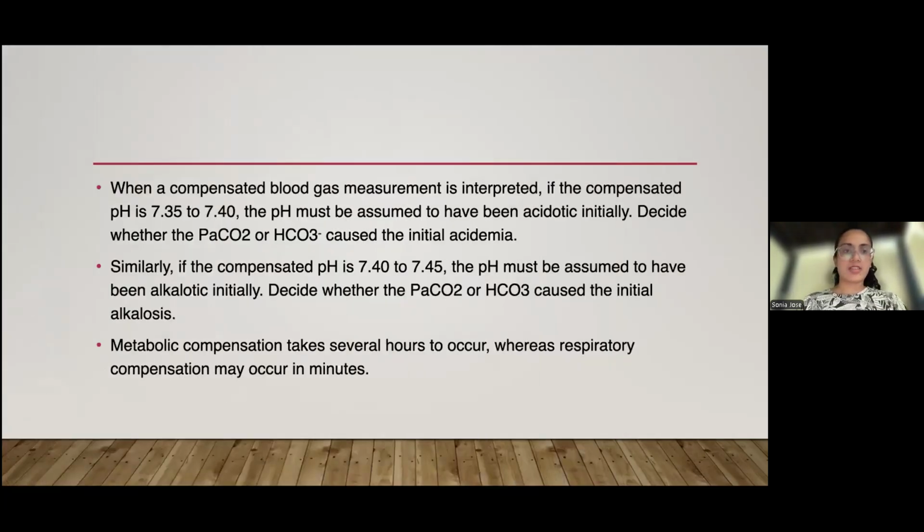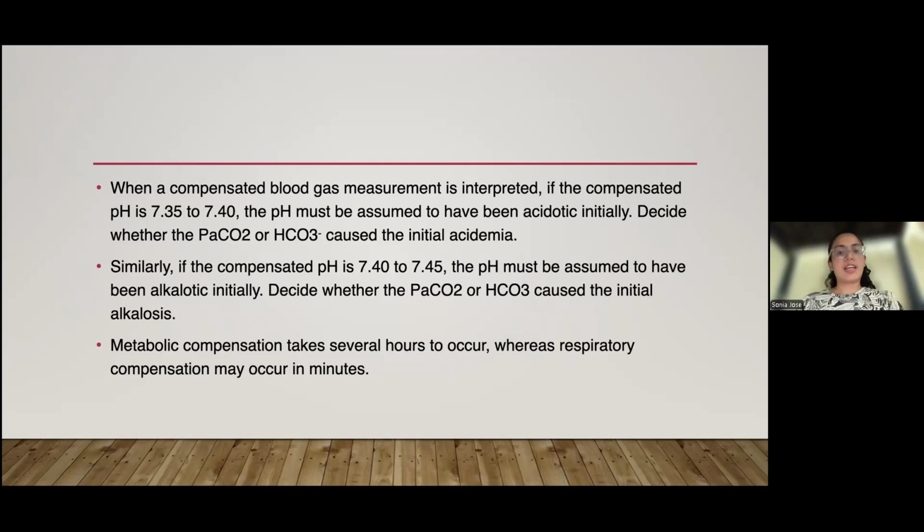Okay. So when a compensated blood gas measurement is interpreted, if the compensated pH is 7.35 to 7.40, that means it is more to the acidotic side. So we can decide whether the PaCO2 or HCO3 has caused the initial acidemia.